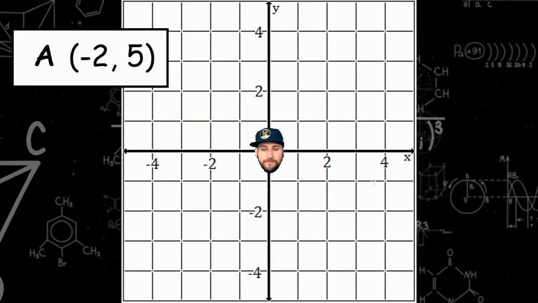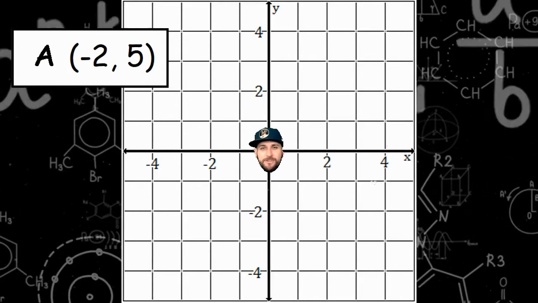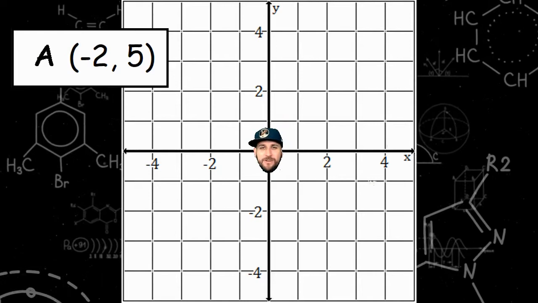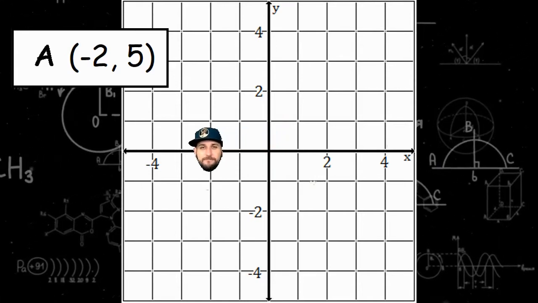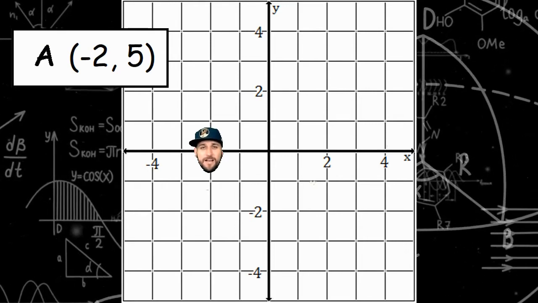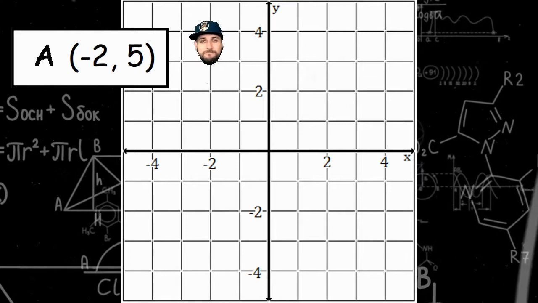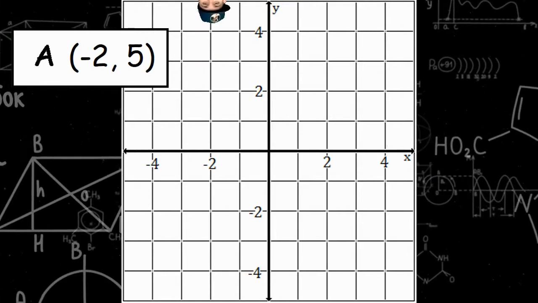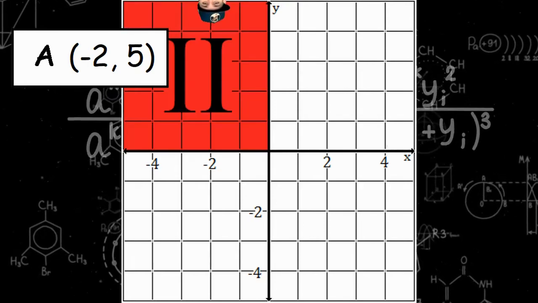Example A. First point A, it's at -2, 5. So the x-coordinate is -2, which is at -2 on the x-axis. The y-coordinate is +5, so I go up to positive 5 on the y-axis. Now I'm at the ordered pair negative 2, 5, which is in quadrant 2.